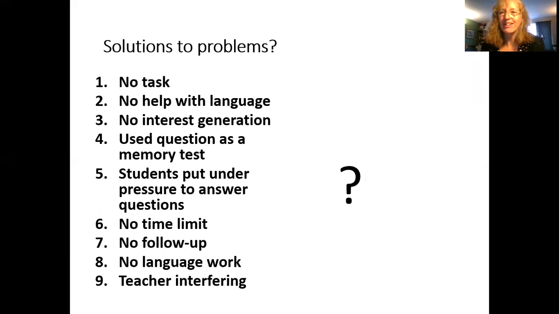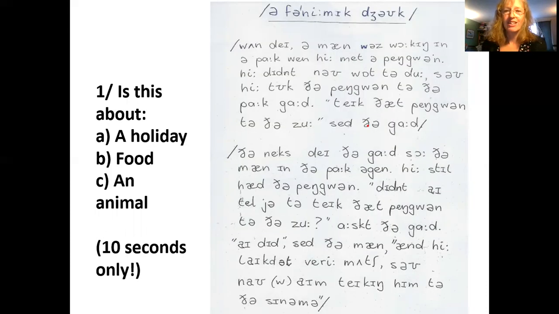What was it about? Yes, it was an animal. Yeah. How do you know it was an animal? Did you see the word penguin? Okay, that is a type of animal. Yeah, so you don't need to read through the whole thing, first of all, just a little bit to find the answer.